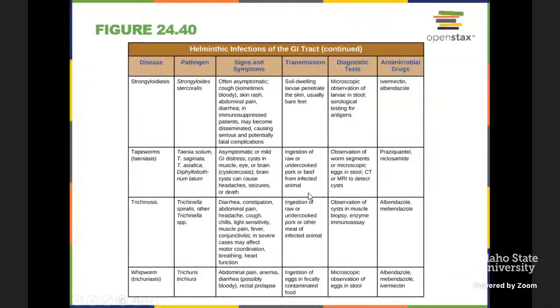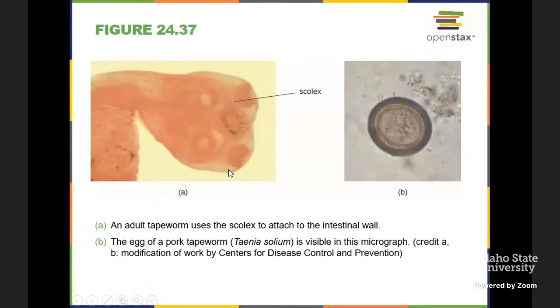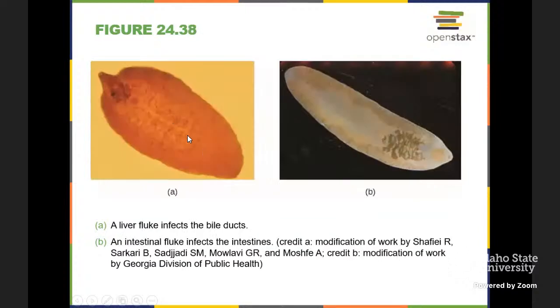I know I'm about done. The flukes: a handful of different types, liver flukes, intestinal flukes, and some blood flukes as well. These are a flatworm like our tapeworm, but morphologically different. We call these trematodes and these cestodes, tapeworms, another flatworm, but different.